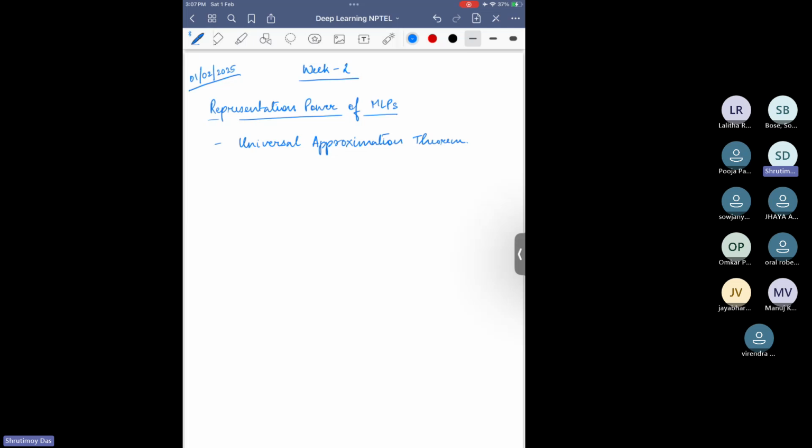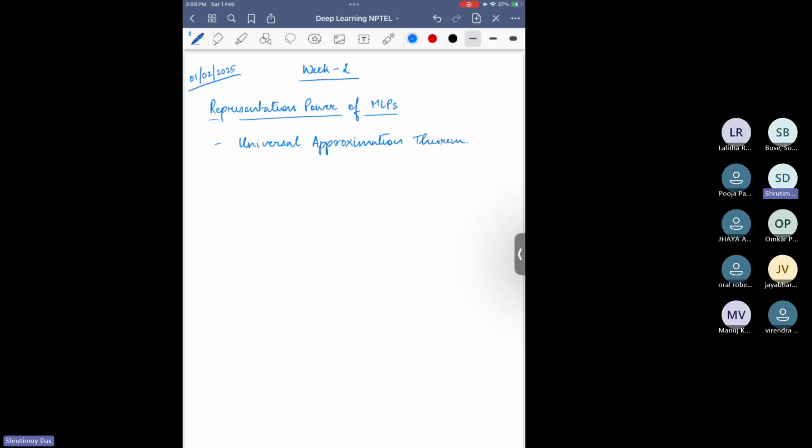The universal approximation theorem states that given a large enough neural network, where large enough means more neurons and more layers, you can approximate any function that you want. You would have a function of any shape, of any dimension, and you can use a multi-layer network of perceptrons to approximate or learn that function.